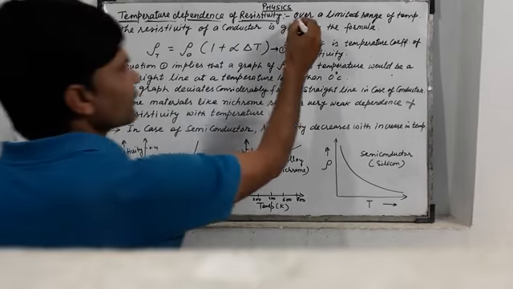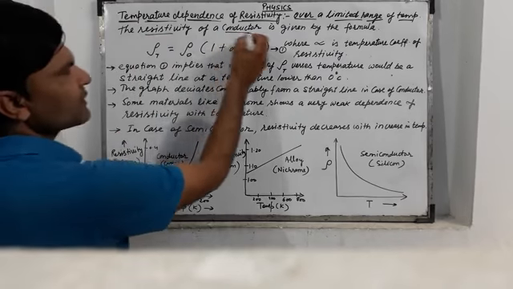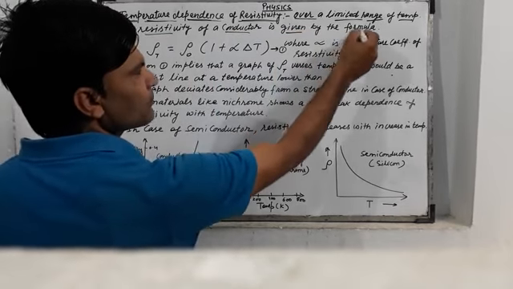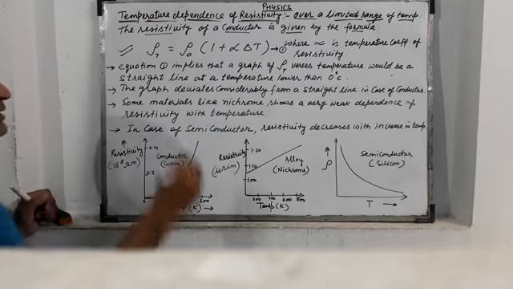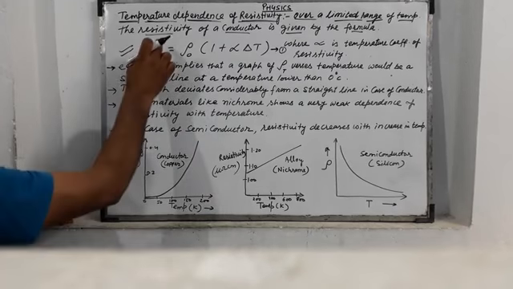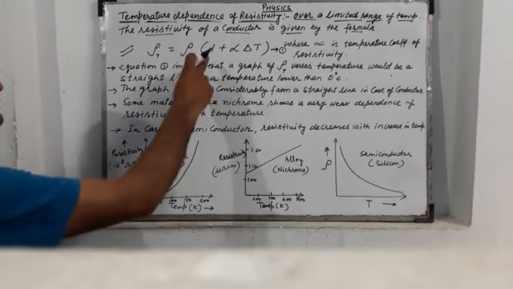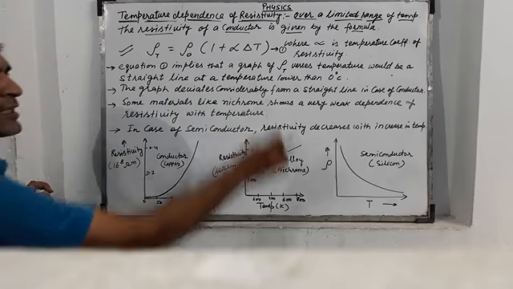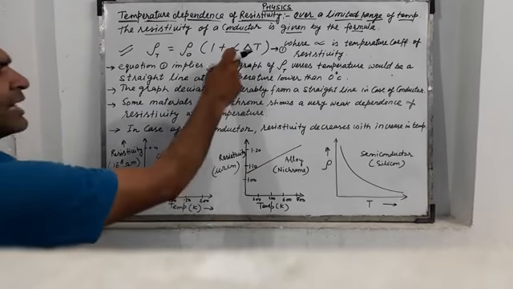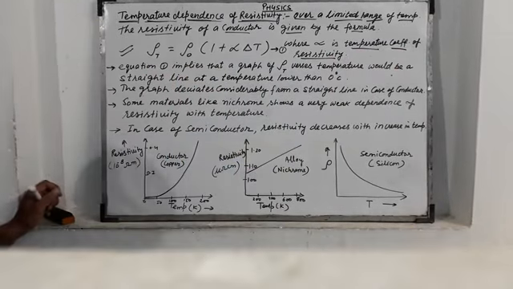Over a limited range of temperature, the resistivity of a conductor is given by the formula rho T equals rho naught into 1 plus alpha delta T. Here rho T is the resistivity at temperature T, rho naught is the initial resistivity, delta T is the temperature difference, and alpha is the temperature coefficient of resistivity.